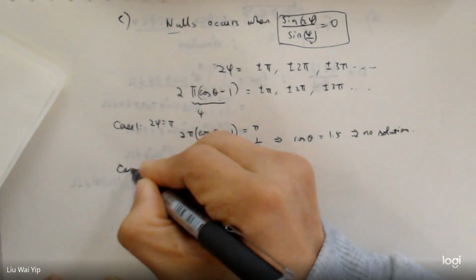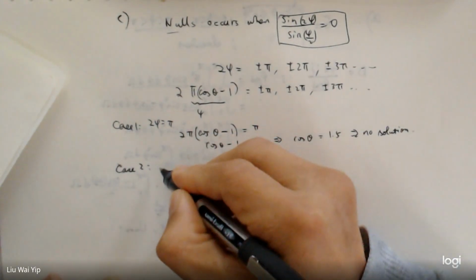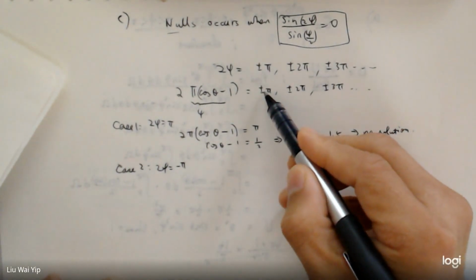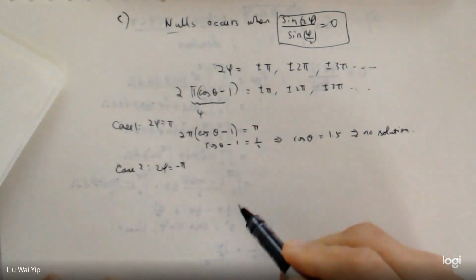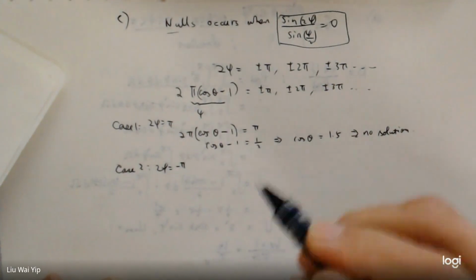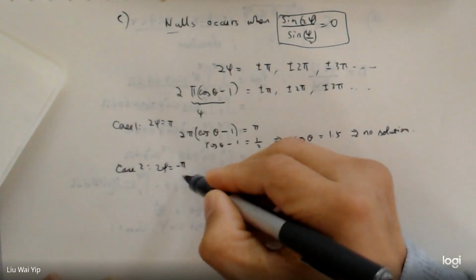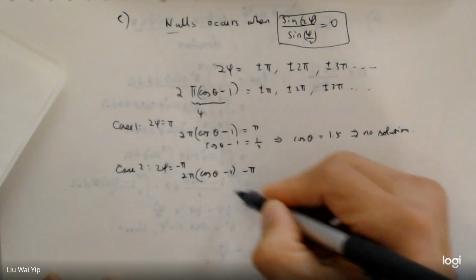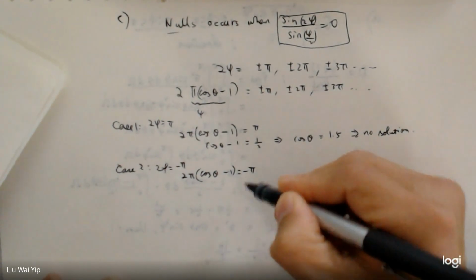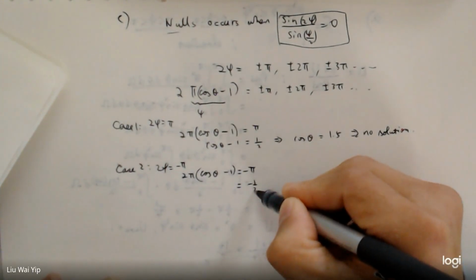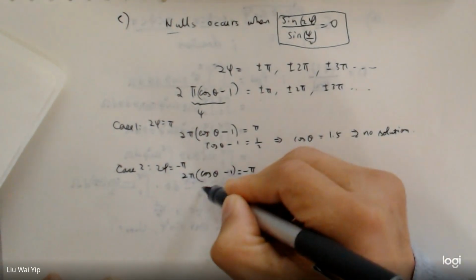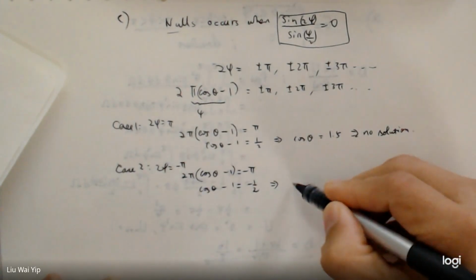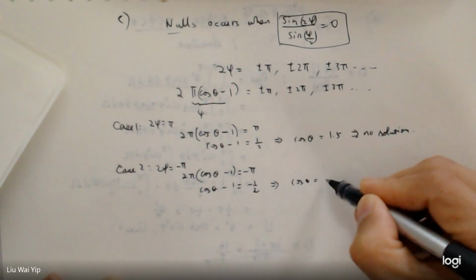In case 2, 2 psi equals minus pi, because we need to examine both plus pi and minus pi. Otherwise, if you don't do that, the final answer is not going to be complete. So let's do this, minus pi. So apparently here we have a solution in this case. Cosine theta has to be equal to 1 over 2.